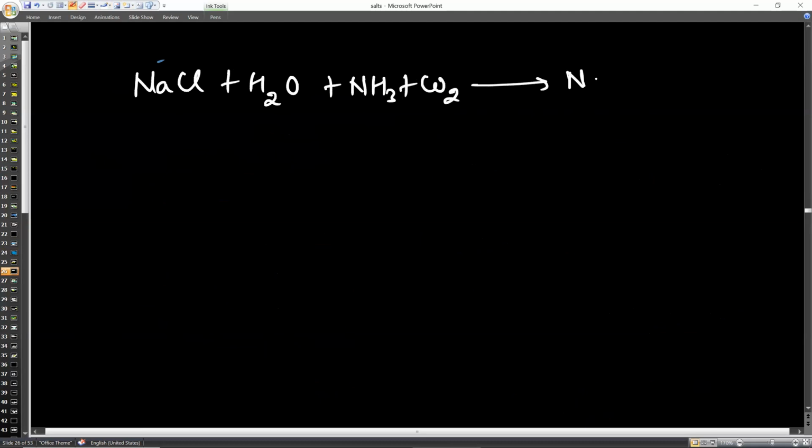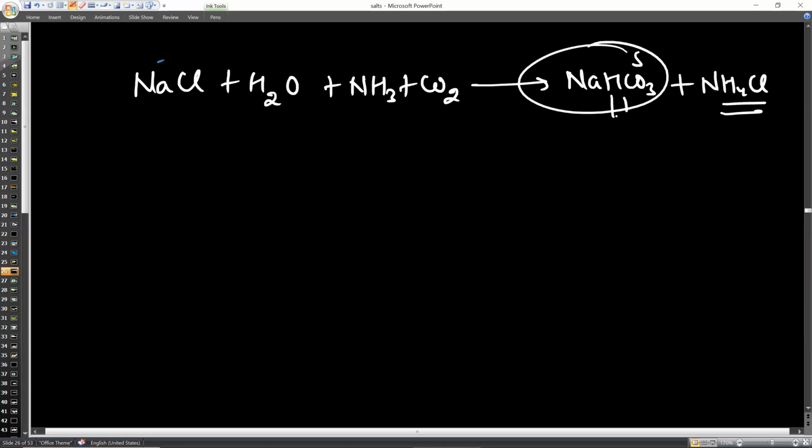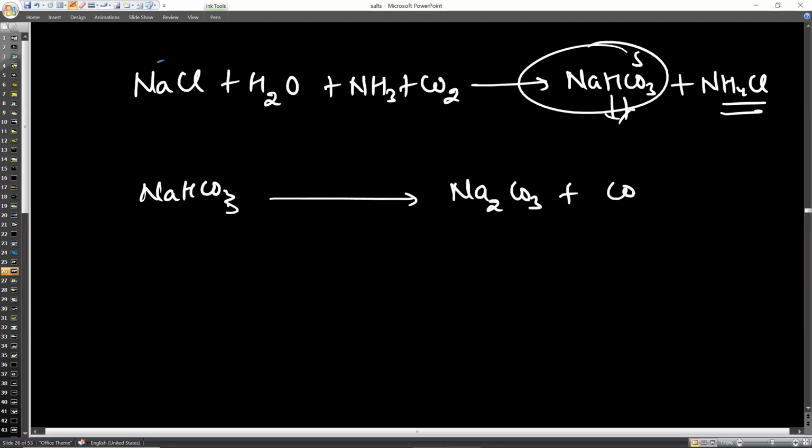Then it gives you sodium hydrogen carbonate, plus ammonium chloride. Now this is a solid precipitate; it will settle down. Now this sodium hydrogen carbonate, when heated, gives you Na2CO3 plus CO2 plus water. Here CO2 and water are formed.